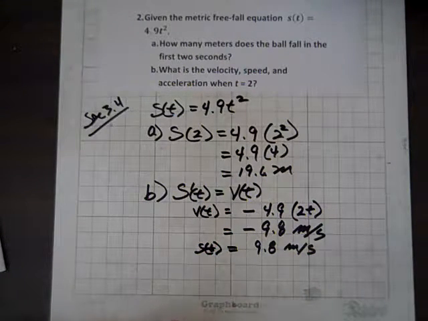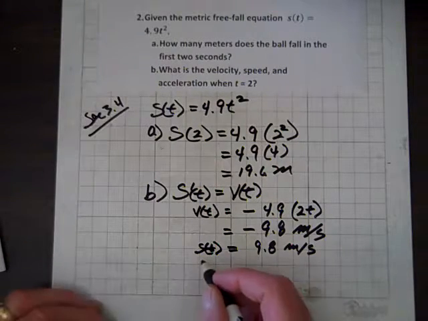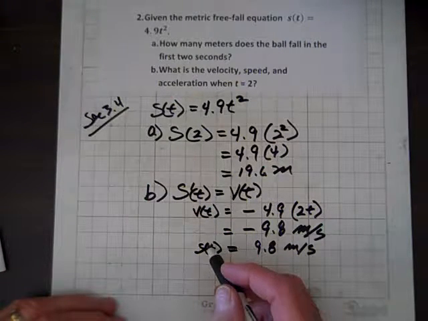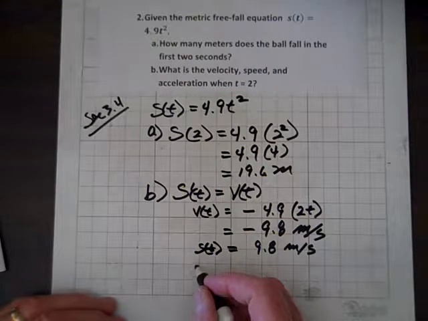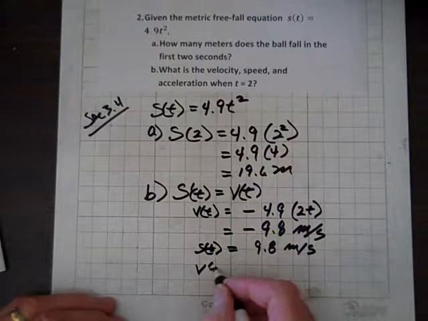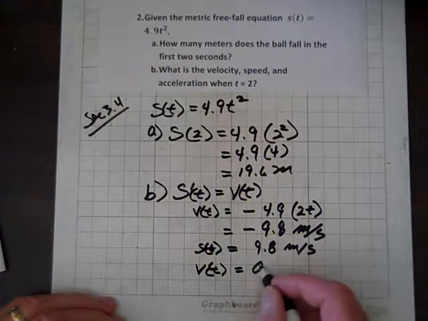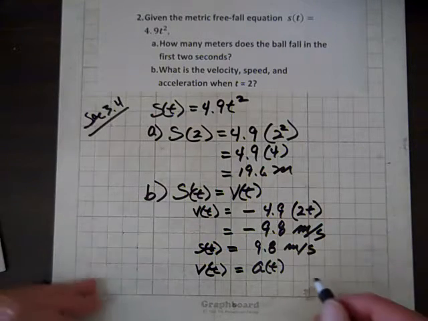Now let's go a little farther with this. It says, what's the acceleration? Well, the acceleration is just the second derivative of distance, or first derivative of the velocity, so v prime of t equals acceleration of t, which is going to be gravity.